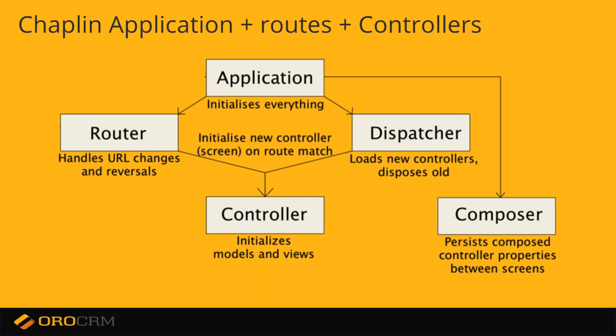To understand how a Chaplin application works, let's have a look at this diagram. Here you see that the application initializes all main parts of it, including router, dispatcher, and composer. Then navigation history gets started. A router match is found for the URL. The dispatcher creates a new controller.